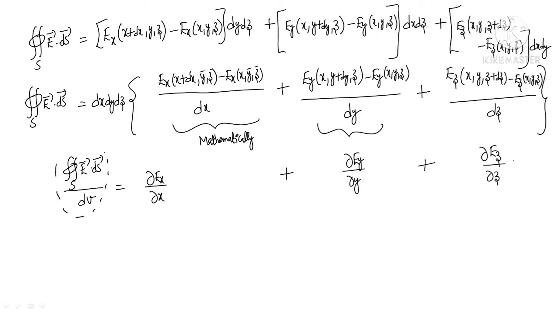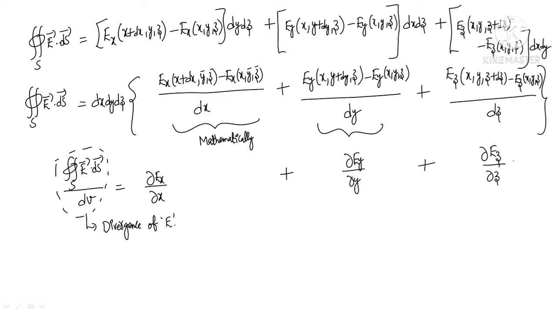Mathematically, this division, obtained by taking the surface integral of E dot dS for the closed surface divided with the small volume enclosed by this surface, is nothing but the divergence of E.